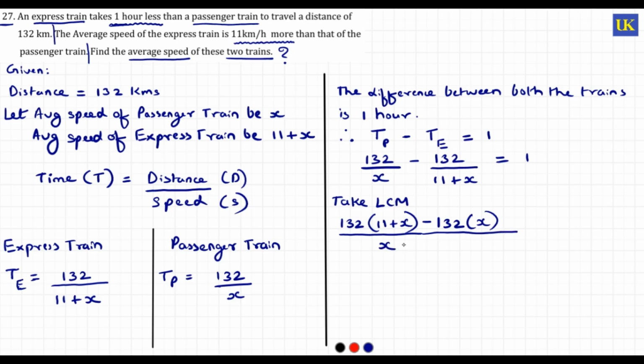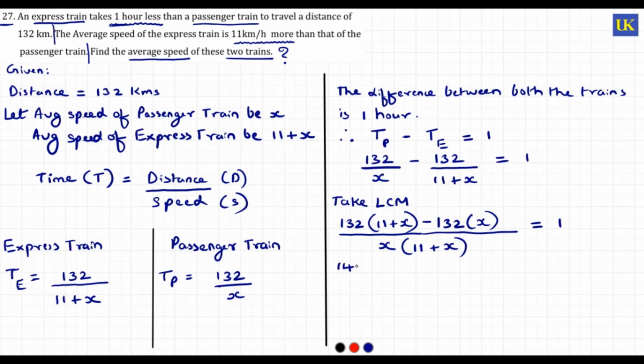So x multiplied with 11 plus x, because we have taken the LCM, is equal to 1. Now we will solve it further. Okay. Now what we will do? 132 I will multiply once with 11. Then I will take 132 and multiply once with x. And here 132 into x I will do directly, and even in the denominator I am going to do the same thing, x into 11 and x into x. So we will start.